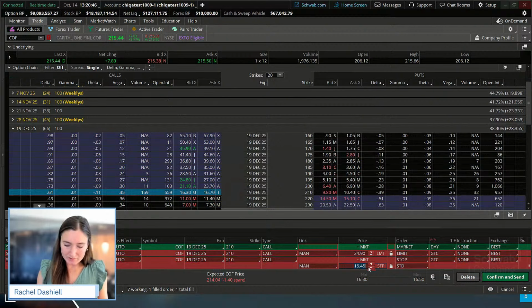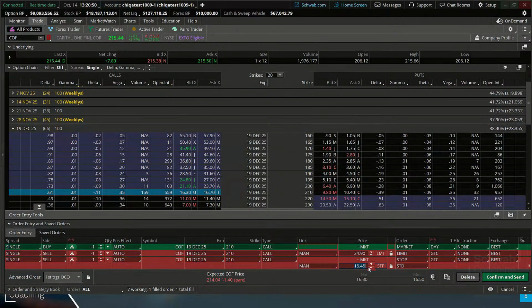So I'm going to take 1745, which is that midpoint, divided by 2, and that gives me 872 on the option. That's just going to say that when the price of the option hits 872, we are going to send a market order.